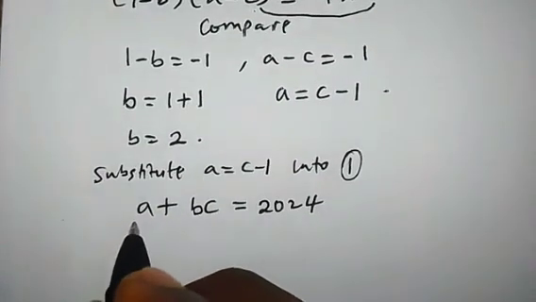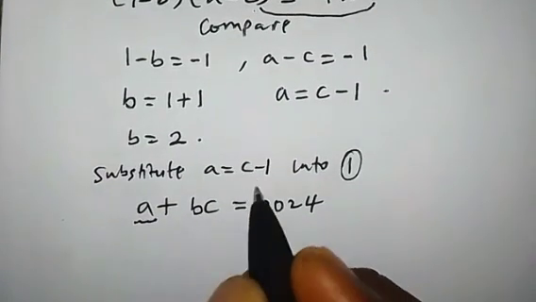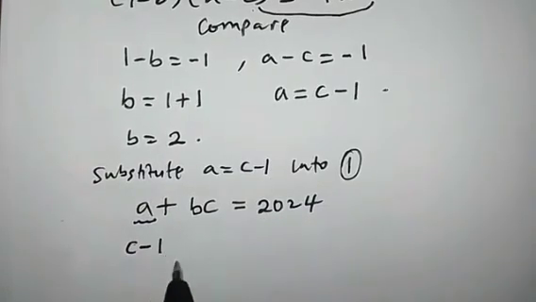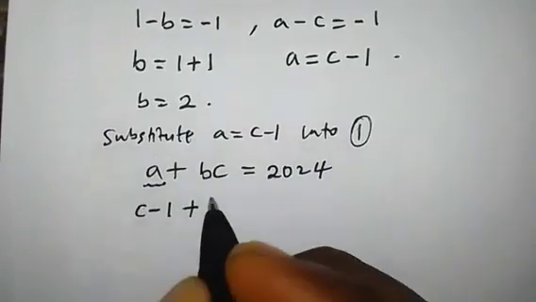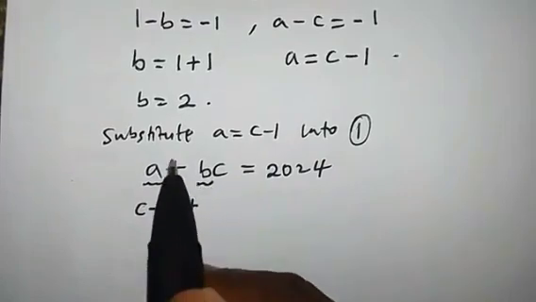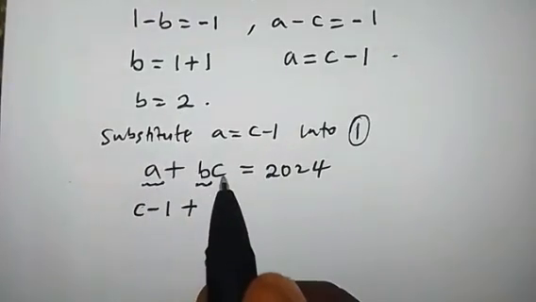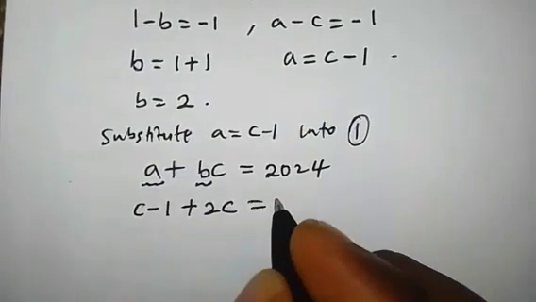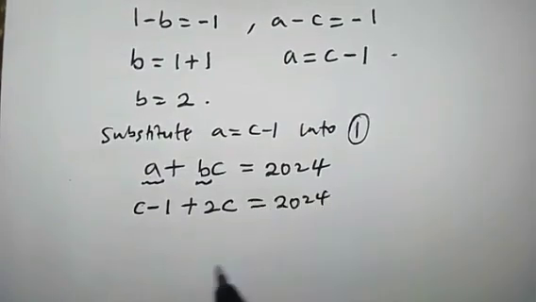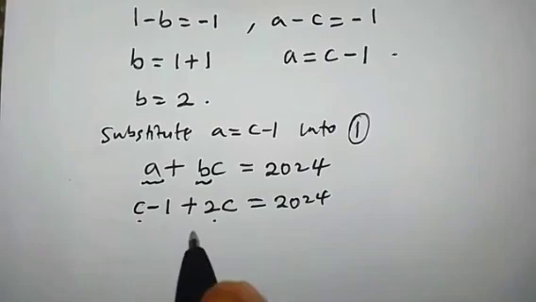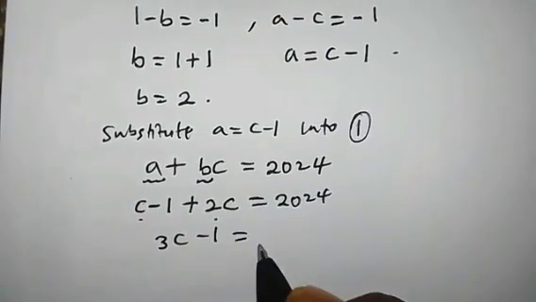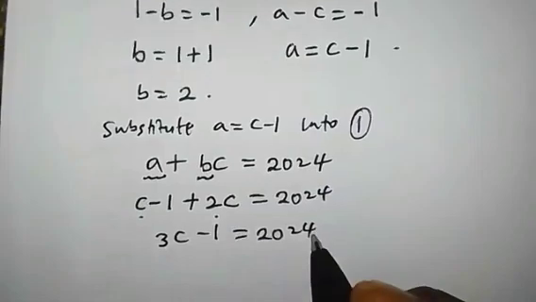Now, in place of A, we will write what? We're going to write C minus 1. So we have C minus 1 plus, and what is B? B is 2. So 2 times C, we have 2C equal to 2024. C plus 2C, that is 3C, minus 1 equal to 2024.